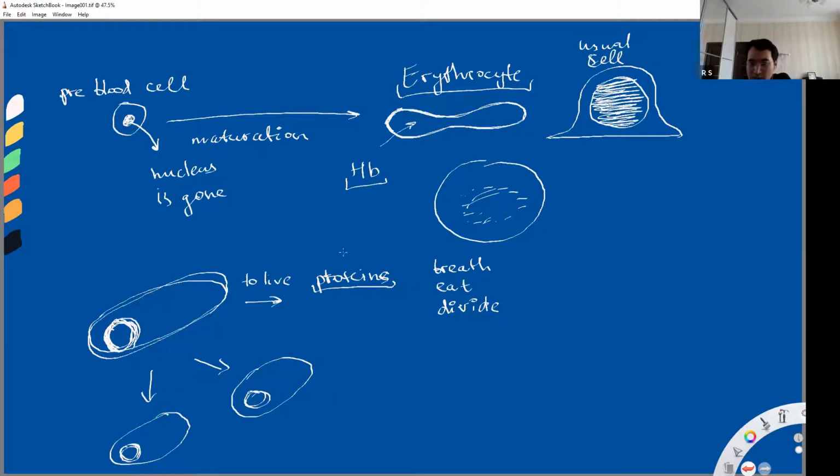And if you take, let's say, a human body, any cell, it also needs to divide. It needs to perform its specific functions. So again, functions and division.